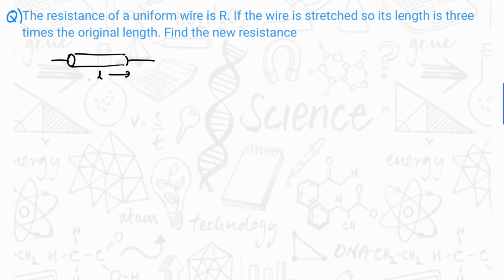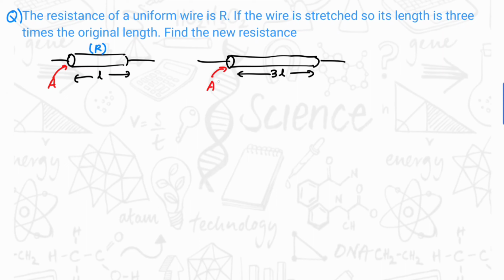The length, let's say it is L, and the cross-sectional area is A, and the resistance, we know that it is R. Then, after it is stretched, the length will be 3L, and we don't know the cross-sectional area, and we have to find the new resistance, which is R dash.